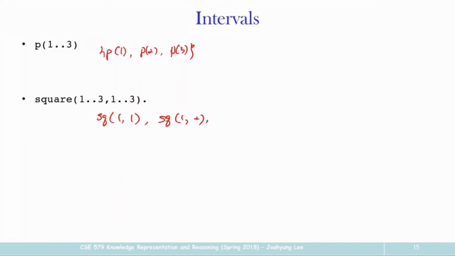So 1,2, 1,3, and 3,1. You can fill in all the 9 things, so let me not repeat. The good thing is you can actually run Clingo to verify all these claims. I'll just leave this as an exercise.